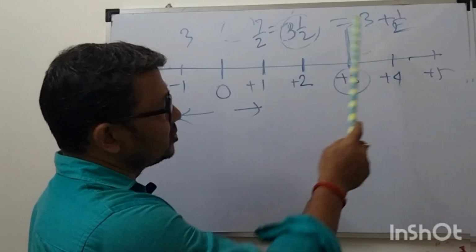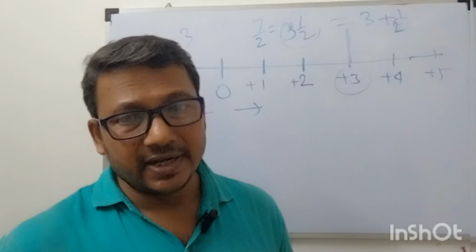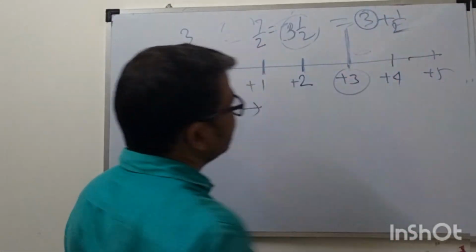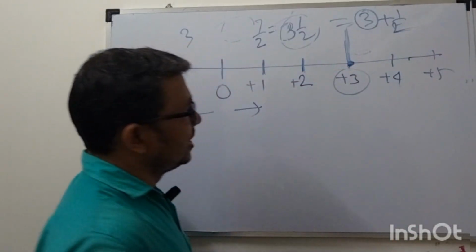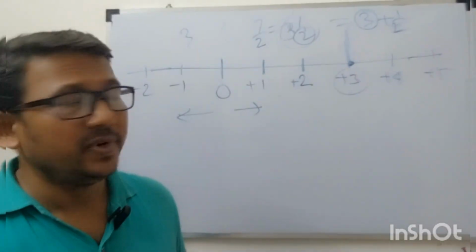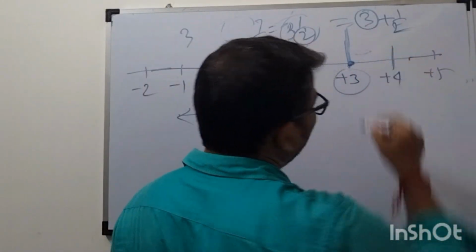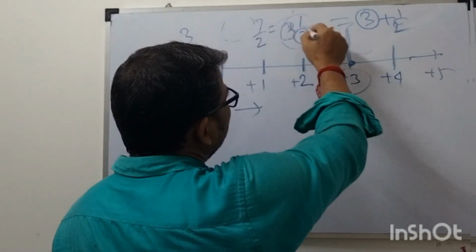Between 3 and 4, we should find out the particular position where it is lying. So first here is 3, and then let us reach the point 3. Then here the denominator is 2. We have to divide this gap into two segments as the denominator is 2.